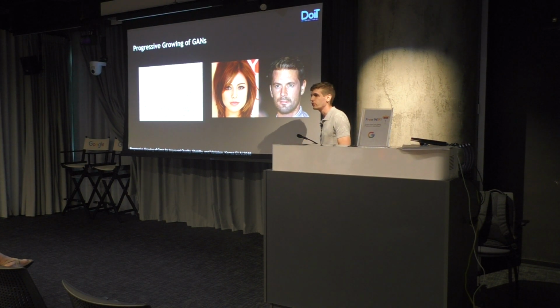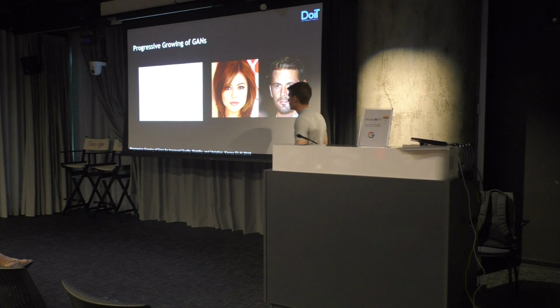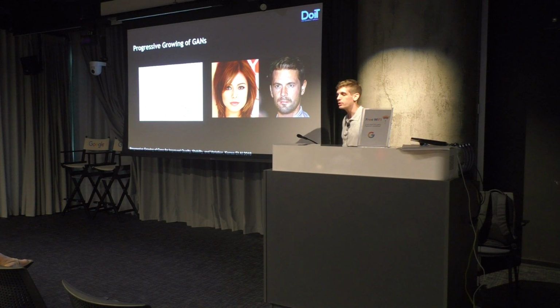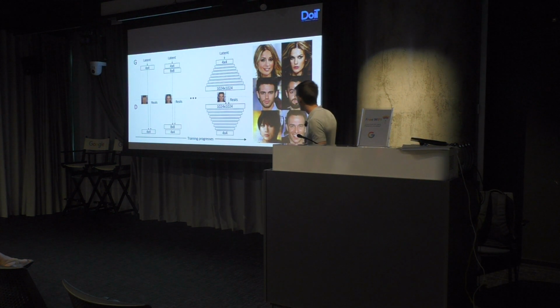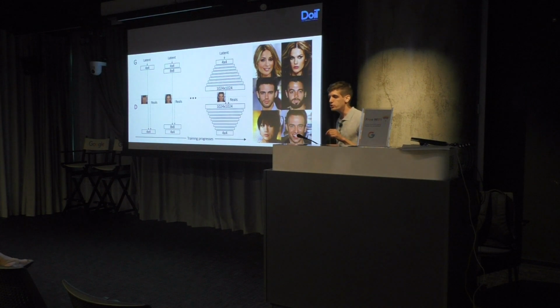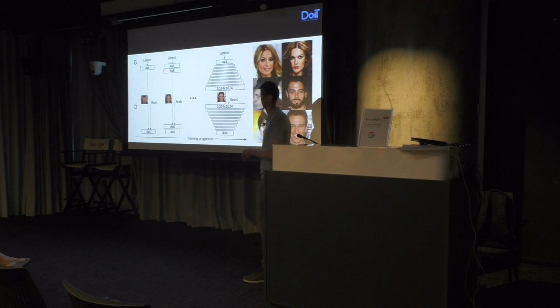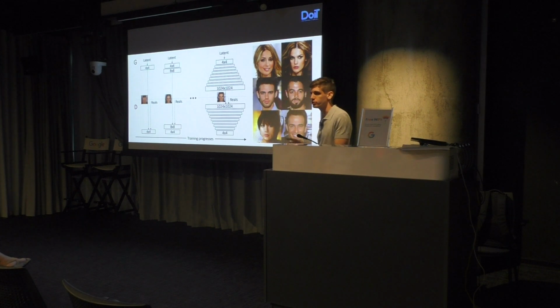These are just generated images from a GAN that was trained on a huge data set of celebrity images. And another thing that I forgot to mention is that the images that I showed you before are really high resolution images. They're not just 64 by 64 or 32 by 32 images of digits. These are really high definition images.